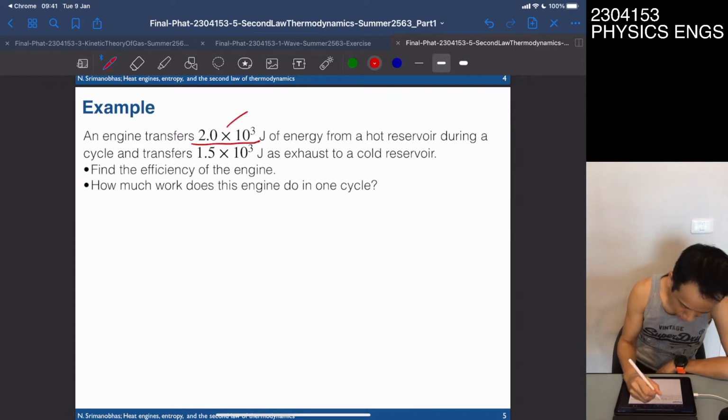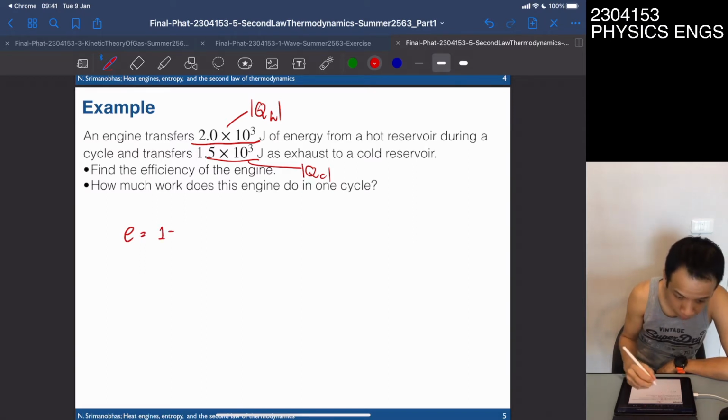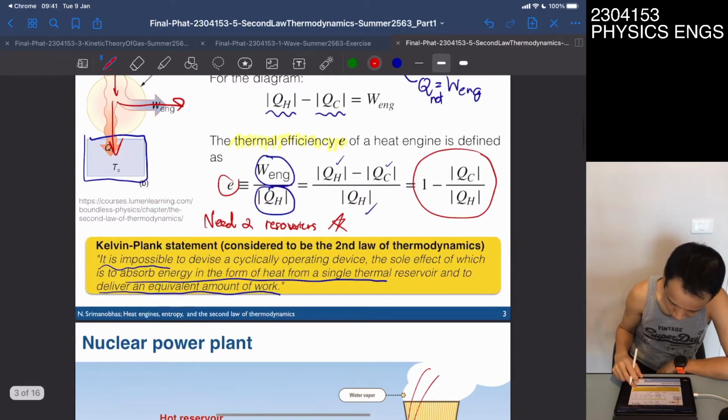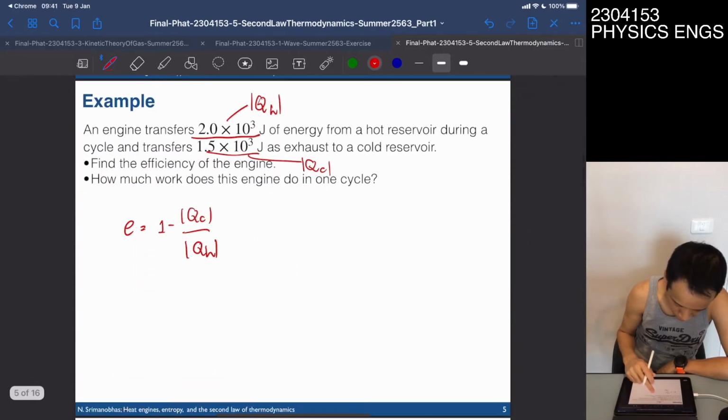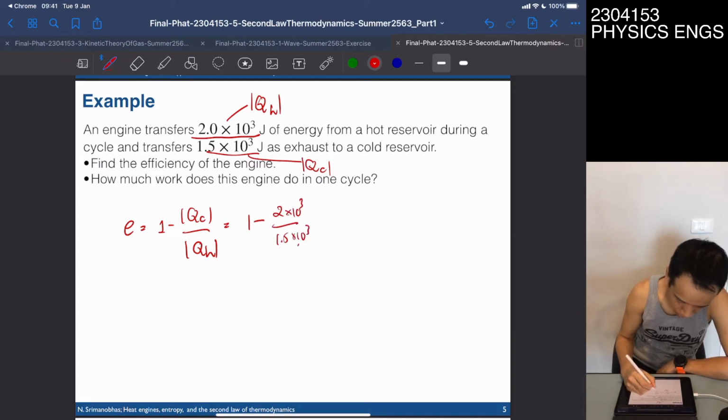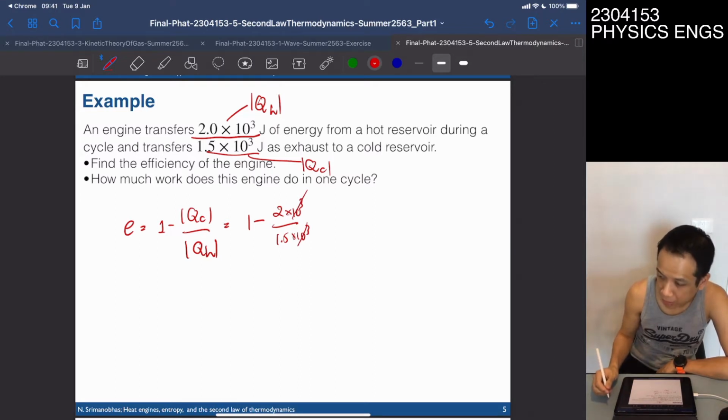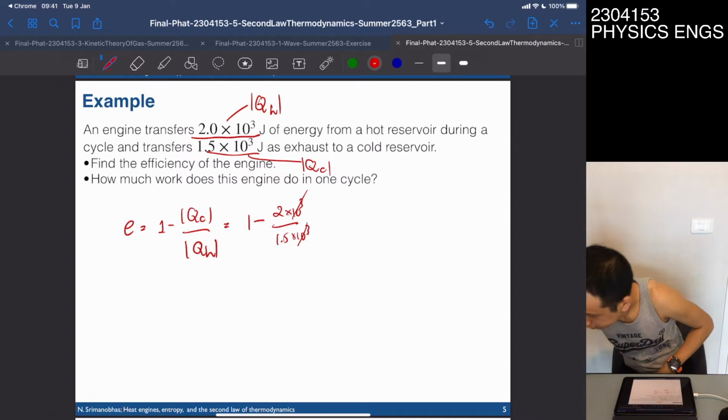The heat from the hot reservoir is here, absolute Q_H, and the heat transferred to the cold reservoir is absolute Q_C. So you just put in the numbers: 1 minus 1.5 times 10 to the 3 over 2 times 10 to the 3. This cancels, and then you do the numbers.